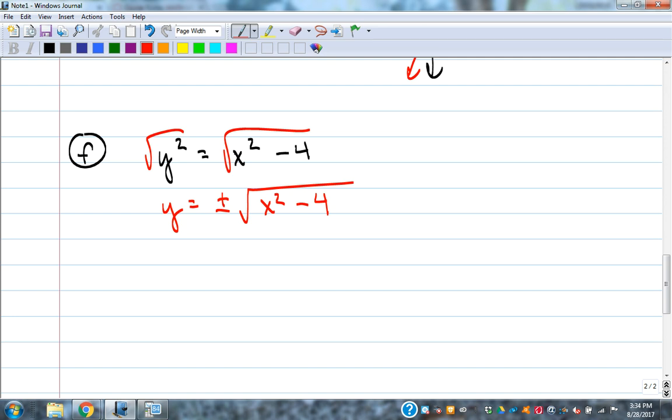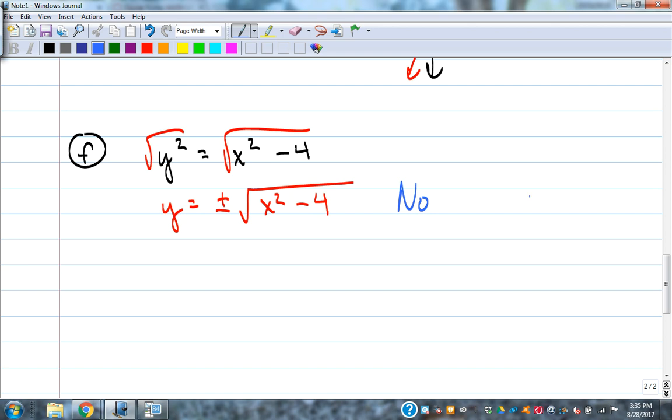So that's two different y values for the same x value. So that creates a repeating of the x's. So anytime you see both variables squared, you know that that's not going to be a function. Okay, that's really the best thing I could tell you. It's not a function.